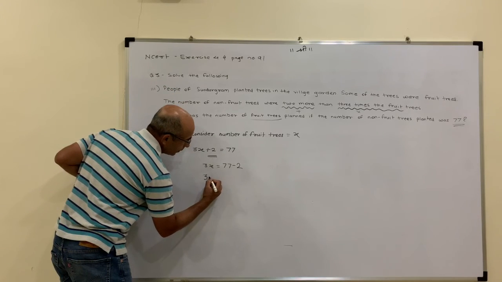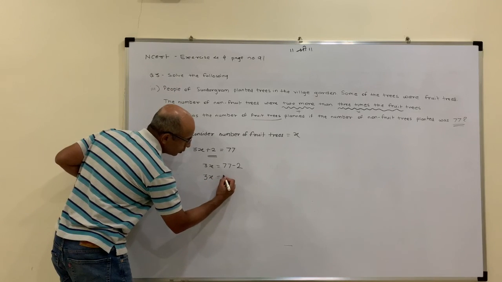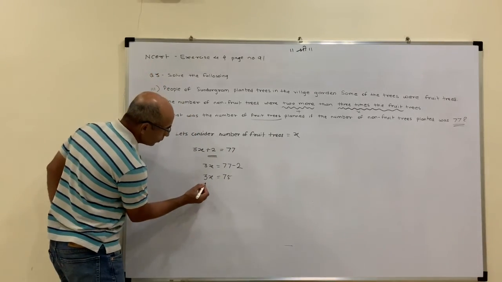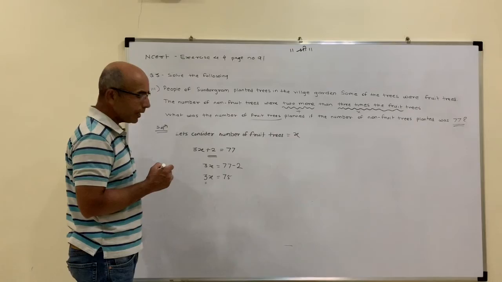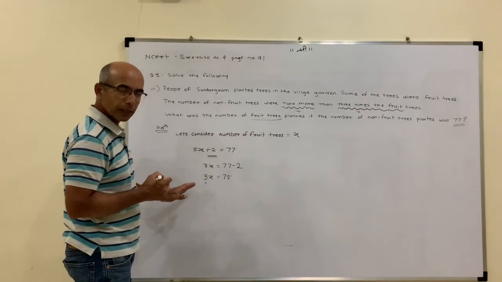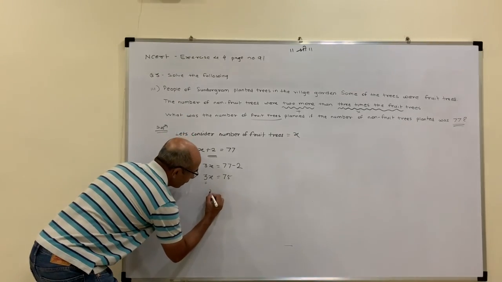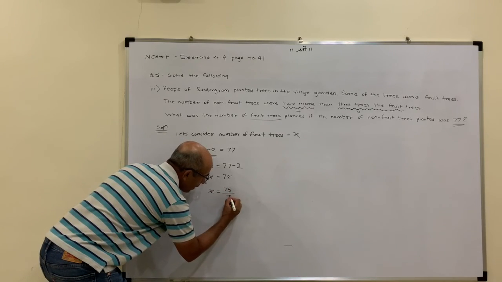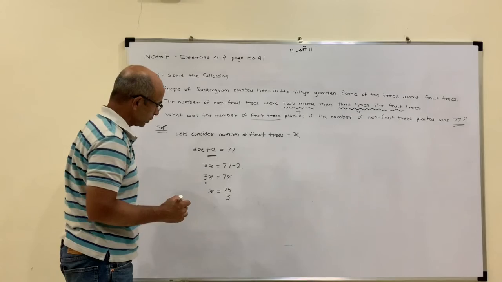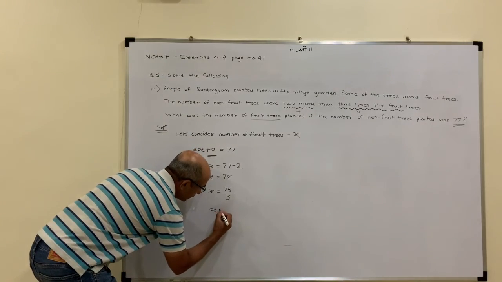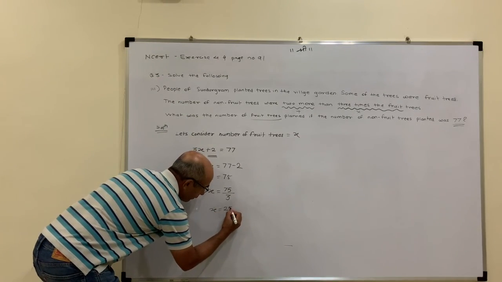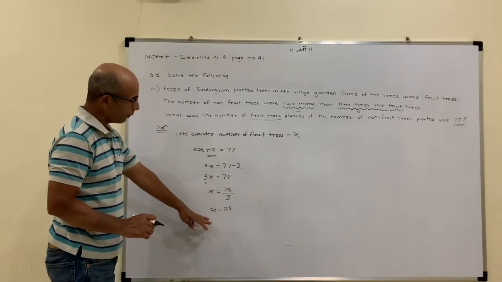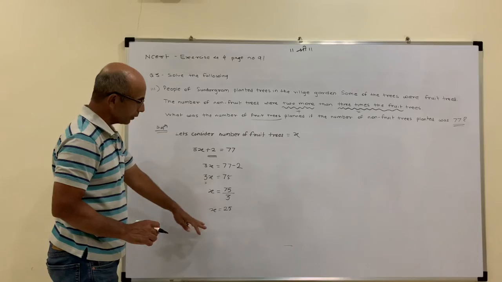So next step will be 3x equals 75. Now I'll transpose this 3 which is multiplied to x from the left hand side to the right hand side. So my equation will be x equals 75 divided by 3. So when I solve it, x equals 25, 25 threes are 75. So my answer is the number of fruit trees comes out to be 25.